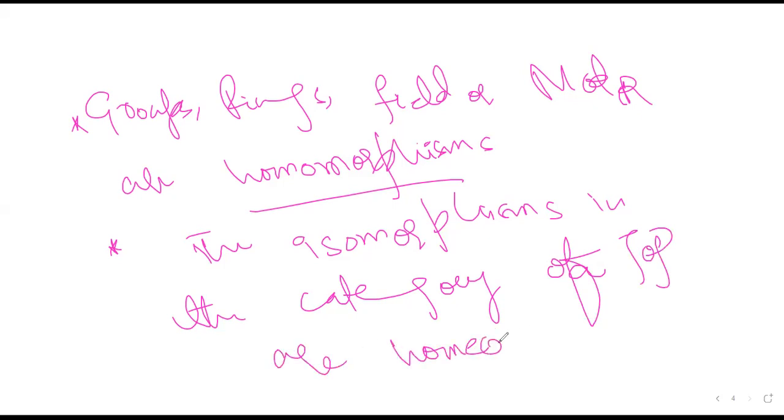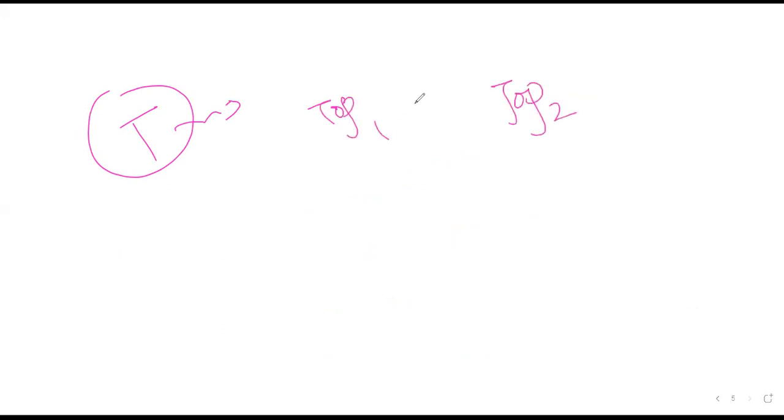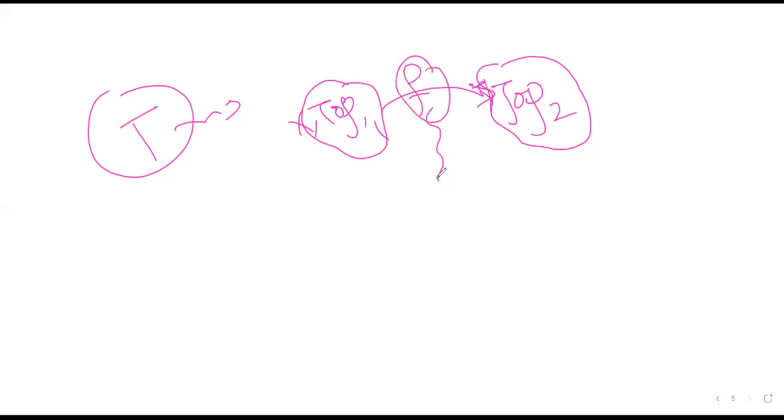Okay, if we talk about the category of Top, whose objects are topological spaces, let's say topological space 1 and topological space 2, and if there is an isomorphism between them, then we say this is an isomorphism.